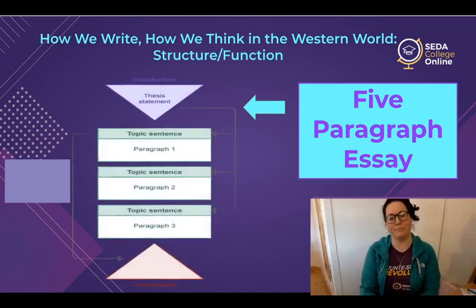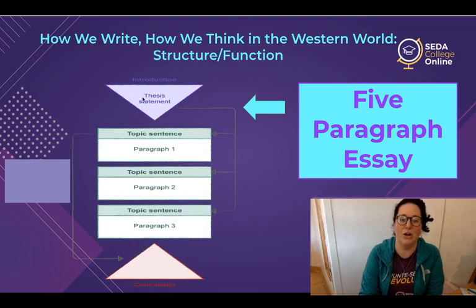So this is the structure we're looking at here. Usually you have an introductory paragraph, the introduction with your thesis statement in it. Again, it's a triangle because we're usually going general to specific.